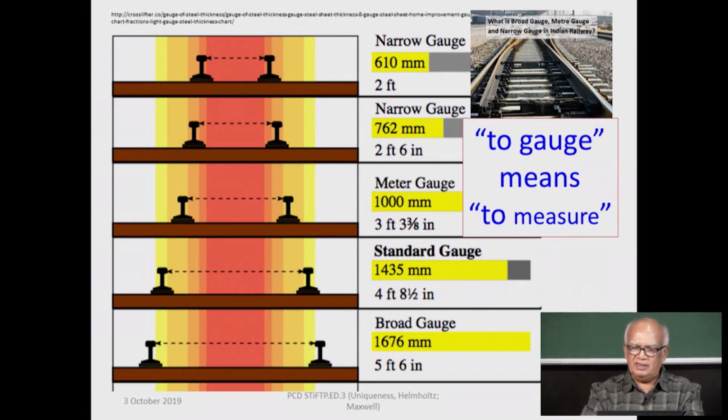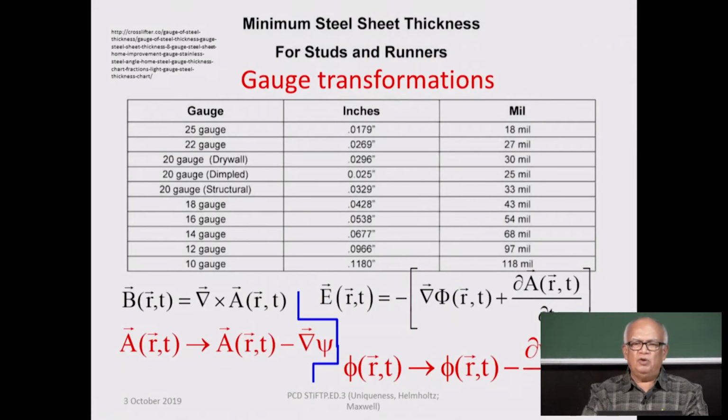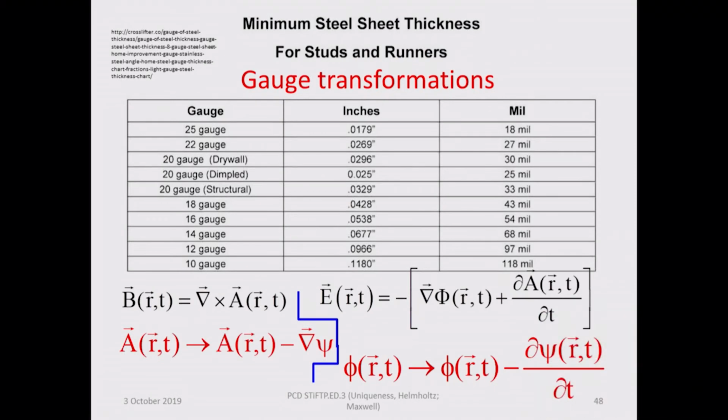So in that sense it is similar, which is why these are called gauge transformations. This is also used when you are looking at gauge of thickness of various metal sheets. You can measure this gauge in terms of some millimeters or inches, and there are sheets of different gauges, 25 gauge, 22 gauge. So that is a common vocabulary which people use, all right, when you are using machines.